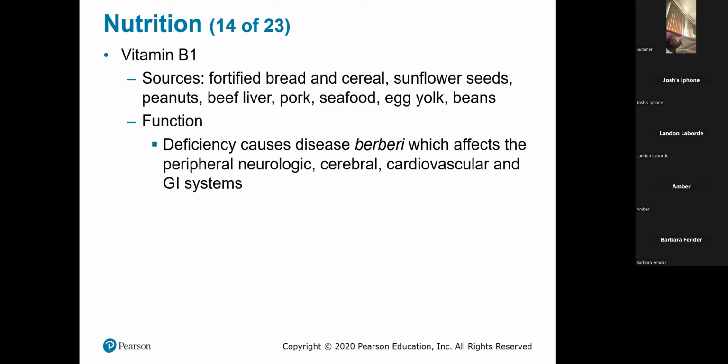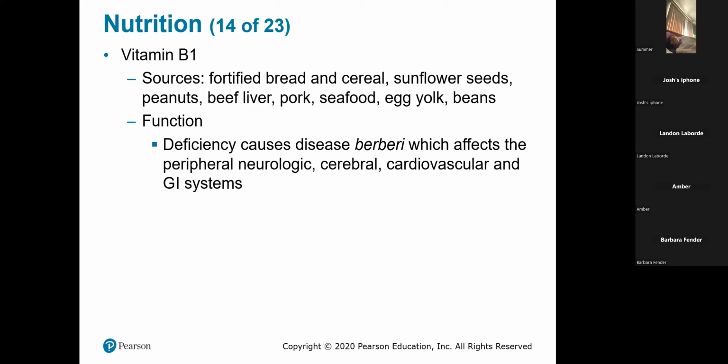Vitamin B1 sources include fortified bread and cereal, sunflower seeds, peanuts, beef liver, pork, seafood, egg yolk, and beans. A deficiency in B1 causes a disease called beriberi, which affects the peripheral neurologic, cerebral, cardiovascular, and GI systems.